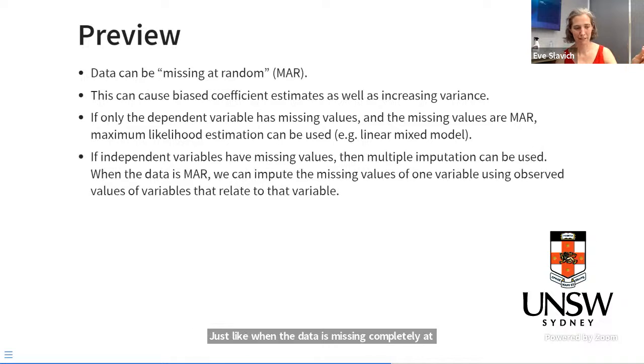If the independent variables have missing values, then multiple imputation can be used. So you can impute the missing values of one variable using the values of the variables that relate to that variable.